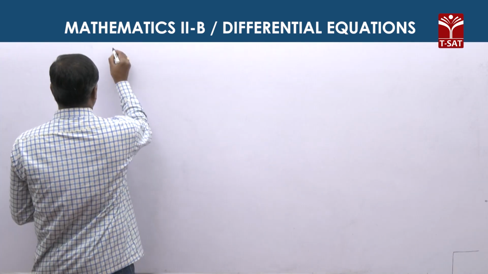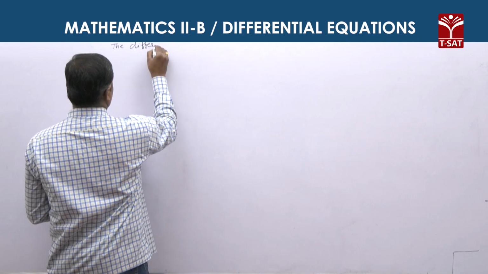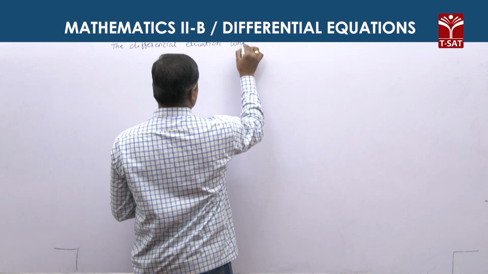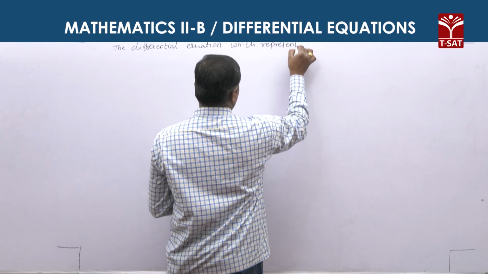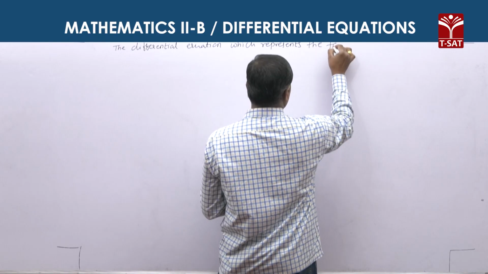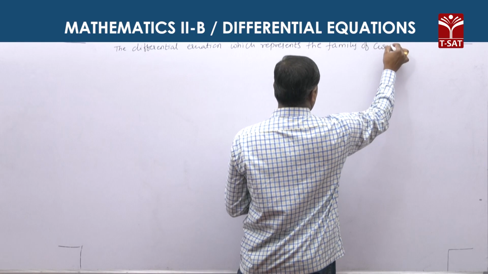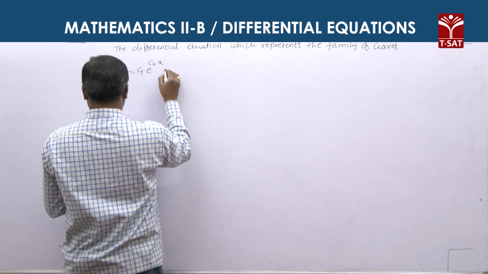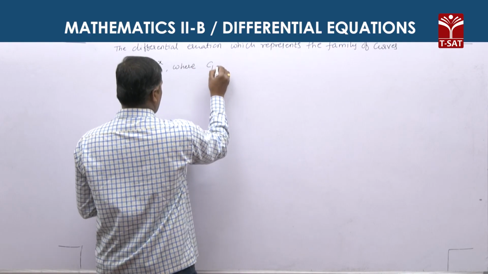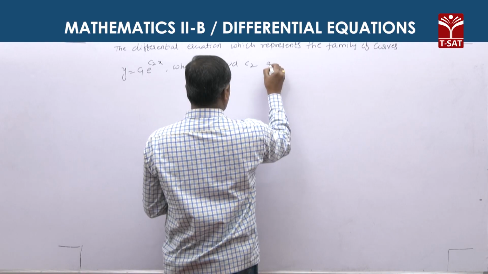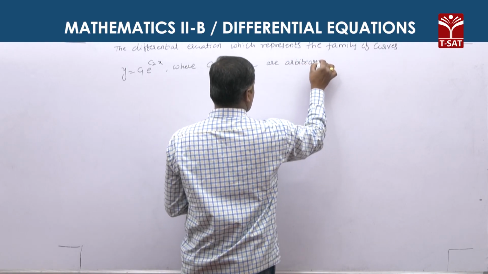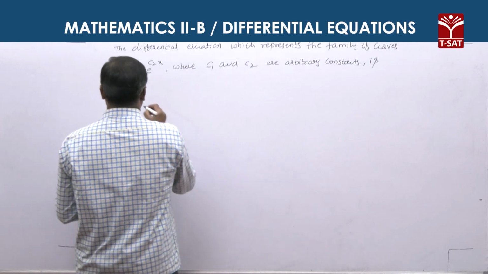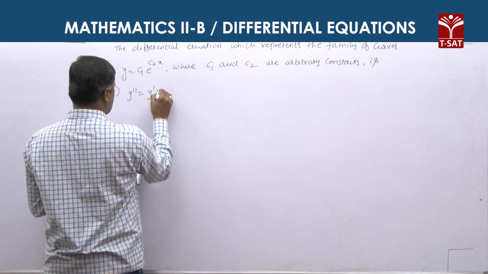Next question: the differential equation which represents the family of curves y is equal to c1 e power c2 x, where c1 and c2 are arbitrary constants, is: first option, y double dash is equal to y dash into y.